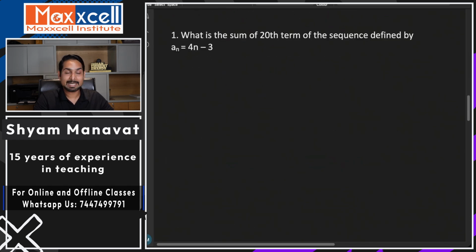Now see the application. It's a simple question. First start with simple questions. Suppose for a series you have the nth term as 4n minus 3. For the first term, n equals 1, so 4 into 1 minus 3 is 1. n equals 2 gives 4 twos are 8 minus 3, 5.